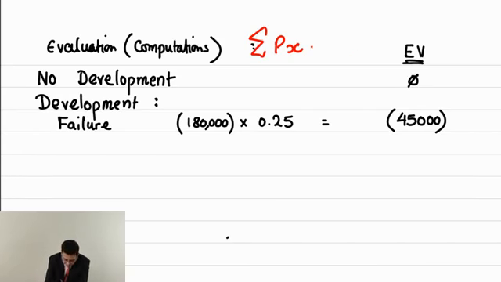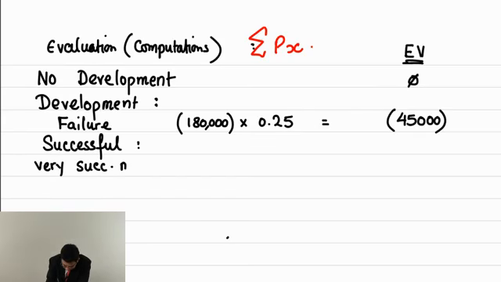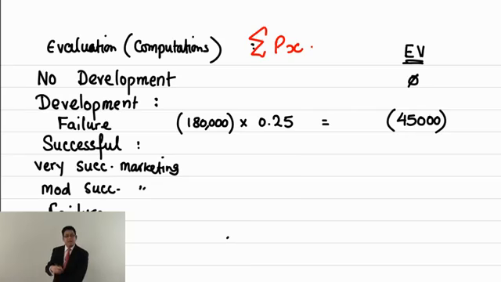But what if we don't fail, we become successful in development? If we are successful in development, then one of three things may occur. We may have very successful marketing, we may have moderately successful marketing, and we may have a failed marketing. Let's pick up the numbers.